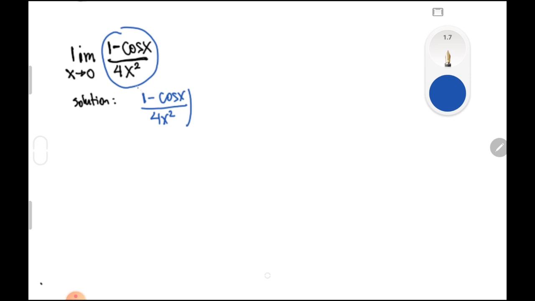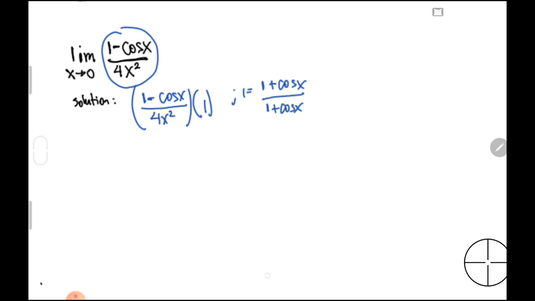So by multiplying 1, let's say our 1 is equal to the positive sign for 1 minus cosine x. So we have 1 plus cosine x divided by 1 plus cosine x.